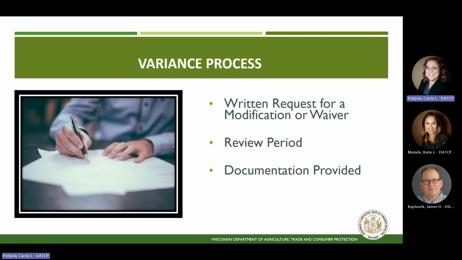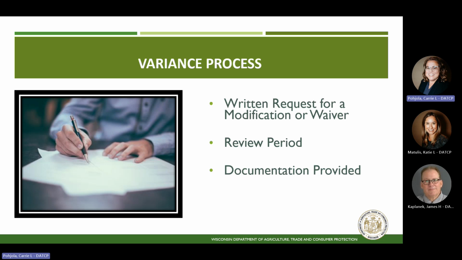If the variance is granted, the regulatory authority shall maintain a copy of the variance in the food establishment's inspection history file. You are also required to have a copy of that approval on file in your establishment as well.